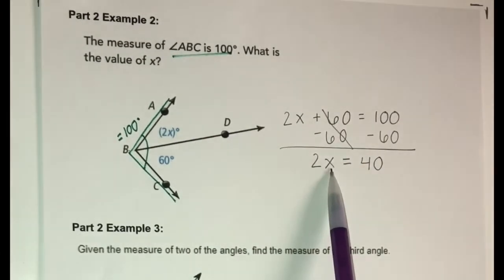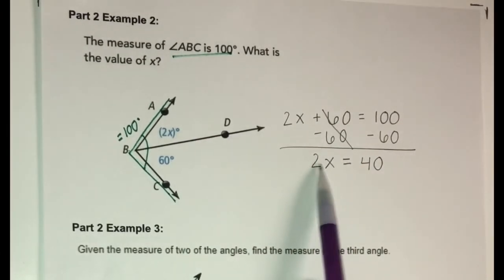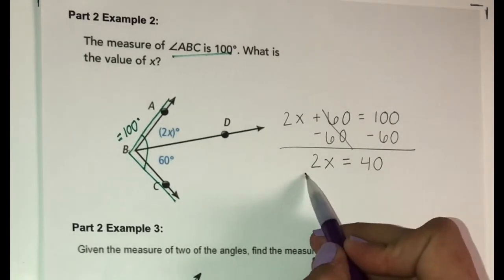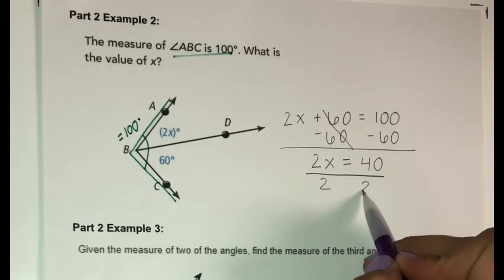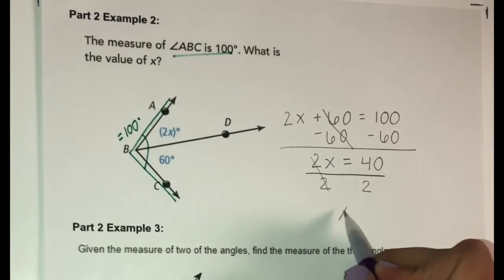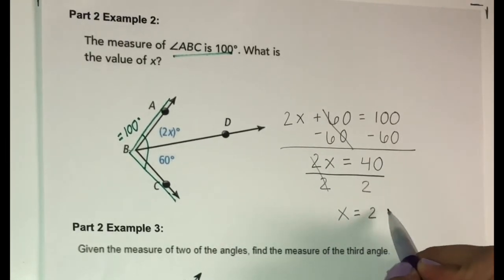Now I'm going to solve for x. If this is 2 times x, to get this variable by itself, I need to divide by 2 on both sides. When I do that, I get x equals 20.